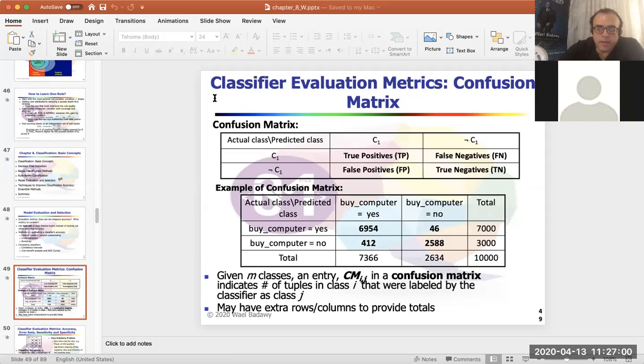So this confusion matrix, as I said, is a relationship between actual classes or real events and predictions from classifiers or detectors. In summary, if the event happened and the classifier said the event is there, it's true positive. If the event didn't happen, but the predictor said the event is there, it's false positive.